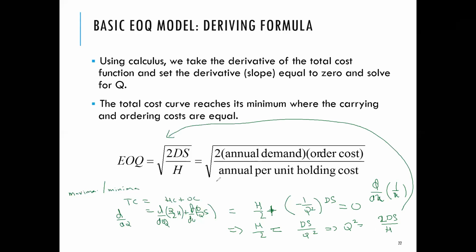Now, this is the quantity that minimizes the sum of ordering and holding cost.